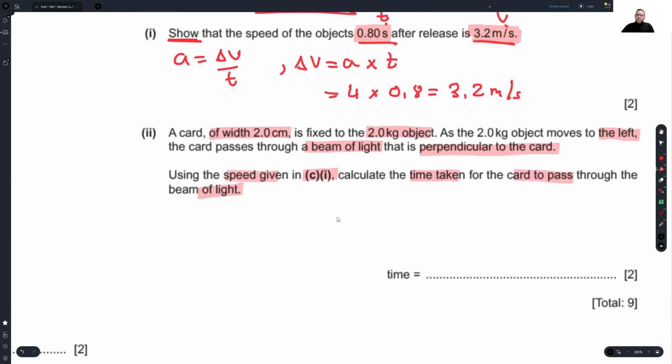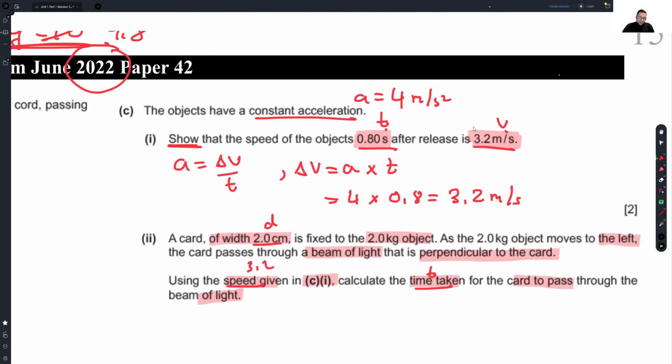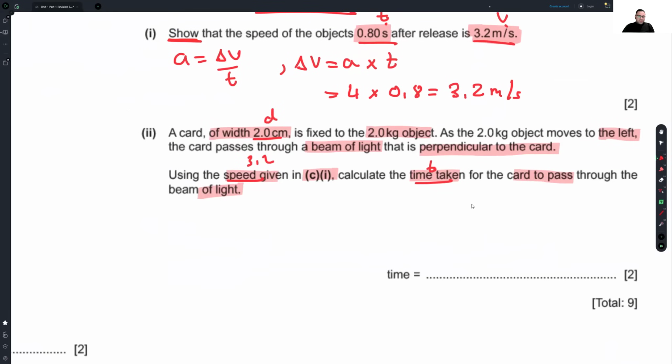This is just a bunch of mumbo jumbo and lots of talk for something much easier than what you expect. He literally gave us distance. He wants time. And he told us, go use a speed of 3.2 because that's the speed given in C. Speed is distance over time. So time is distance over speed.